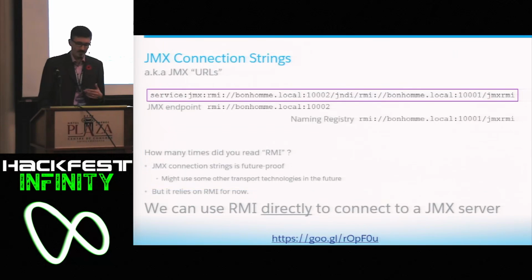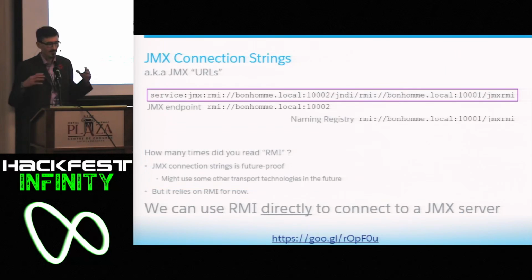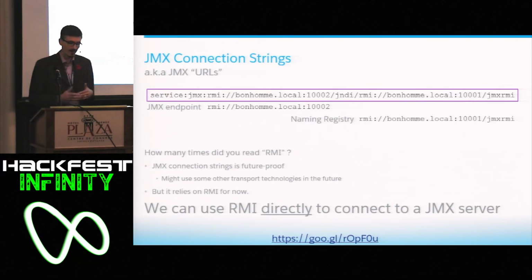The idea is that this is a symbolic high-level URL that encapsulates RMI URLs. They wanted the JMX connection string to be transport layer agnostic, future safe, so that you can use other transports as well. But as far as I know, I've never seen any other transport than RMI.